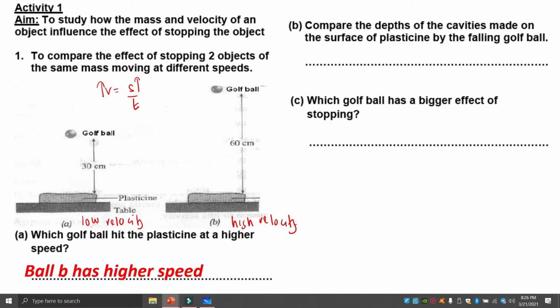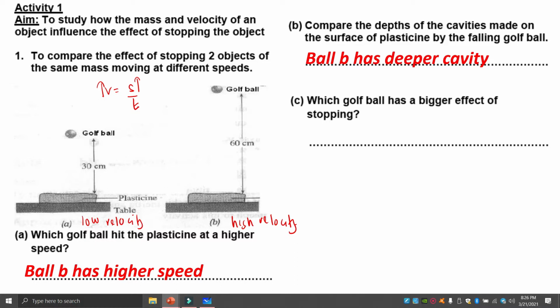Of course, for diagram B the depth of the cavity is much higher, since it has the high velocity. So ball B has a deeper cavity.